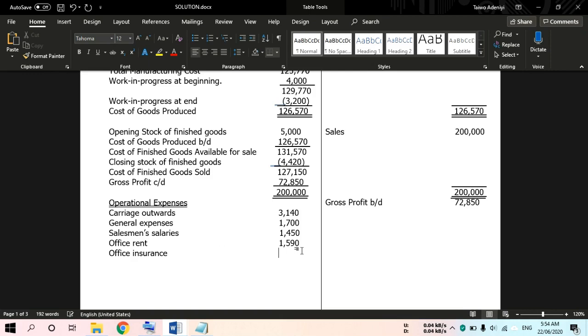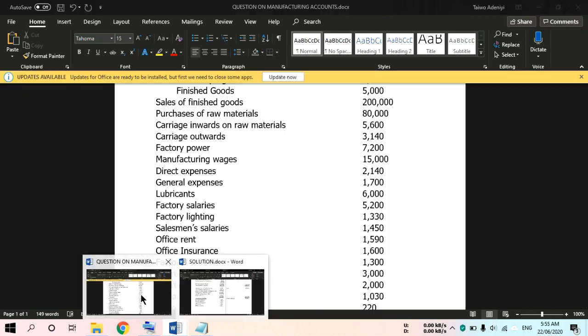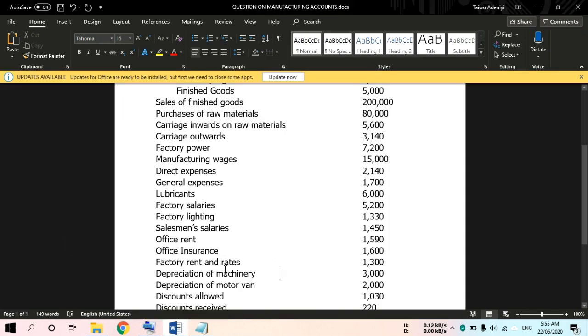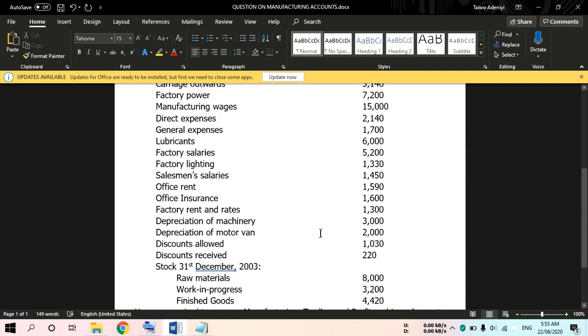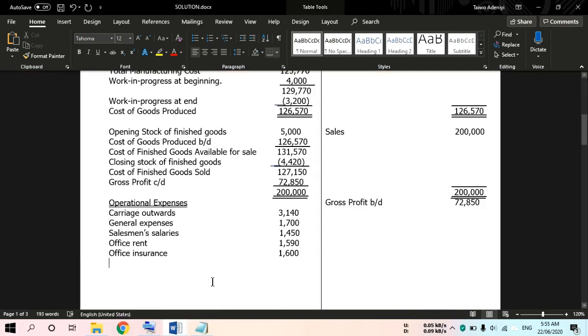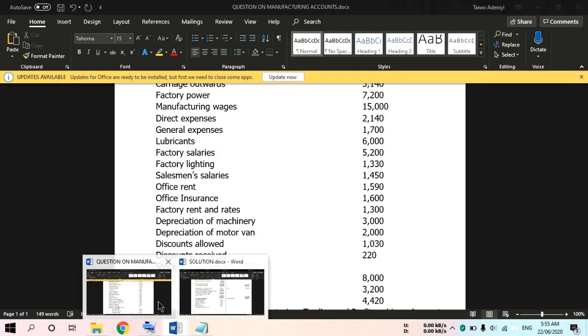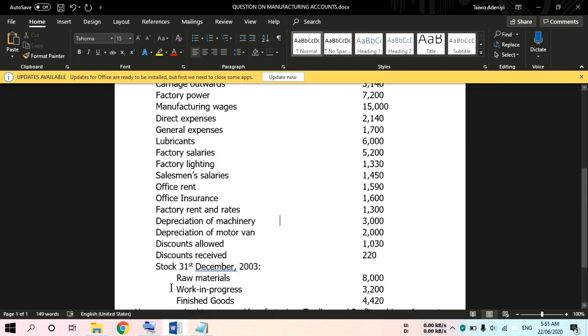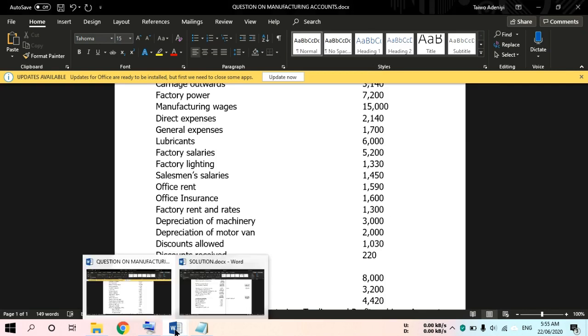Next is depreciation of motor van, 2,000 naira.